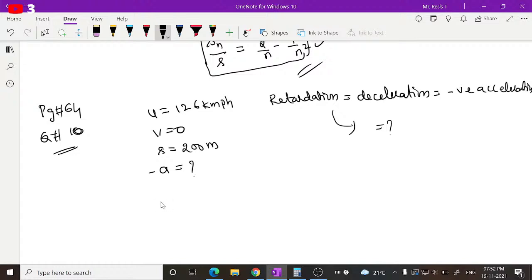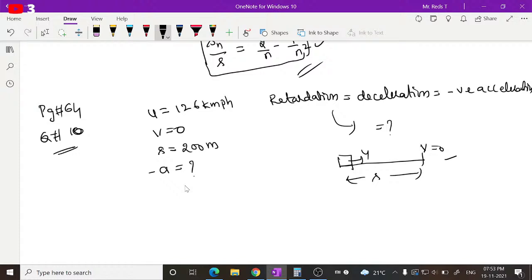A body is moving with this initial velocity u. After traveling a distance of s, it has stopped. It means final velocity becomes 0. So what is the acceleration it has undergone? If you find, you get a negative value, but if they have asked you to find retardation, meaning negative acceleration, then you have to take the positive value.